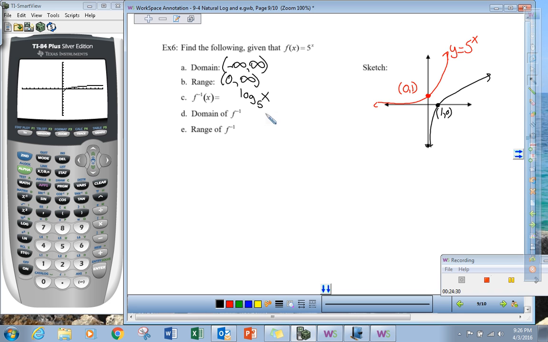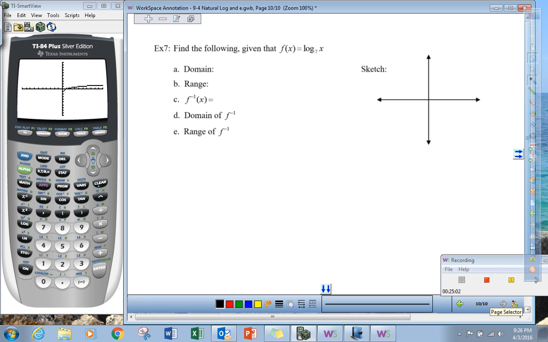Well, the domain of the inverse looks like 0 to infinity. The range of the inverse, negative infinity to infinity. And if you remember our study of the inverses, the domain of this should be the range of the other. The range of this should be the domain of that. So they match up. I've got one more coming your way, and I'm going to quit for the day.